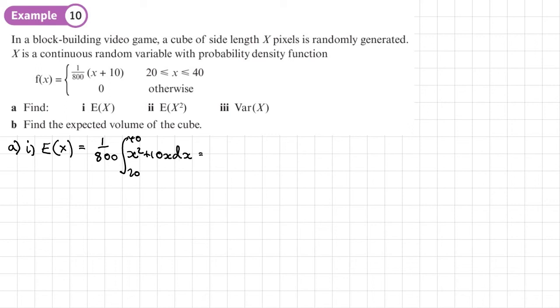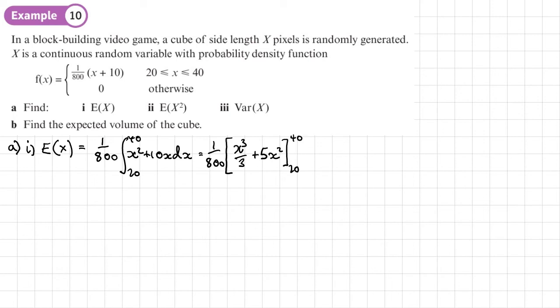Then we'll integrate it. It's easy enough to integrate. So x squared becomes x cubed over 3, and 10x integrated will become 10x squared over 2, so 5x squared. And our limits are 20 and 40.